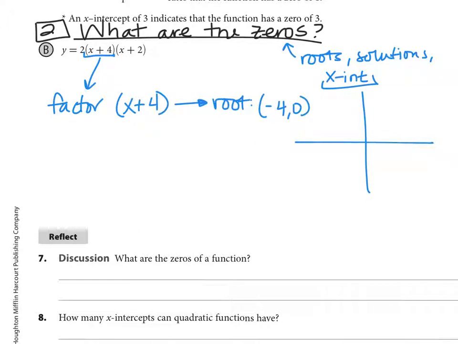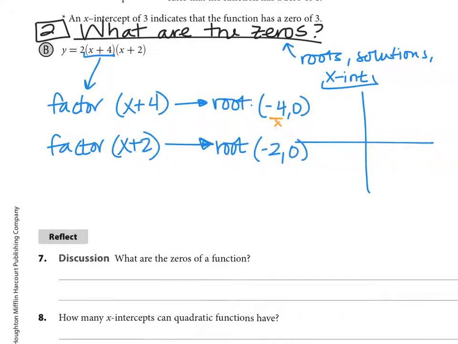So it's negative 4 because it's opposite, and that is going to go in the first spot because roots are x values. All right, the other factor here is x plus 2. So if we follow that same pattern, that means my root is going to be at negative 2, 0.